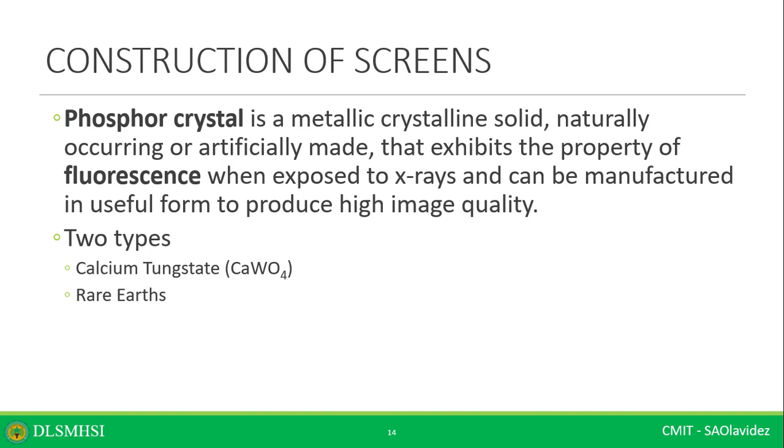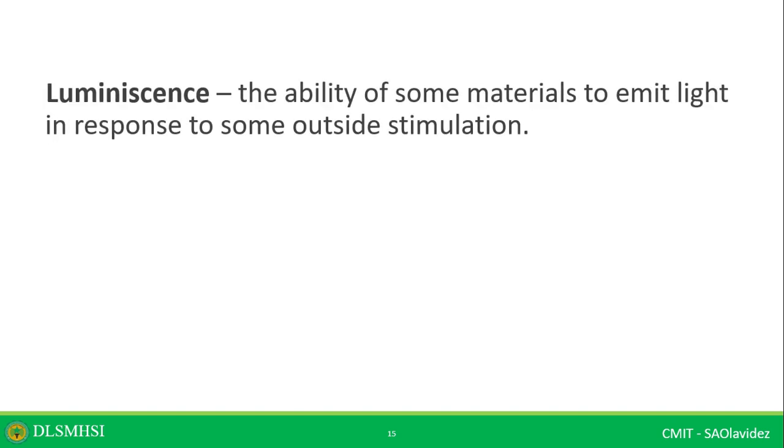As we have mentioned, phosphor crystals exhibit the property of fluorescence. Fluorescence is a property that belongs to a more general term called luminescence. Luminescence is the ability of some materials to emit light in response to some outside stimulation.